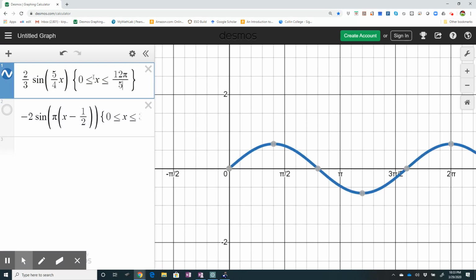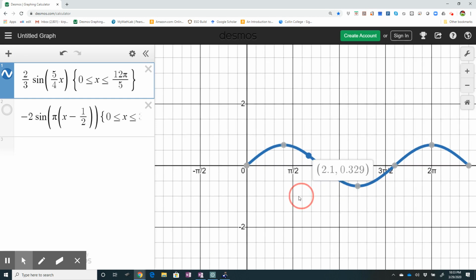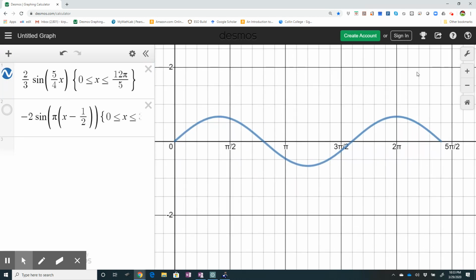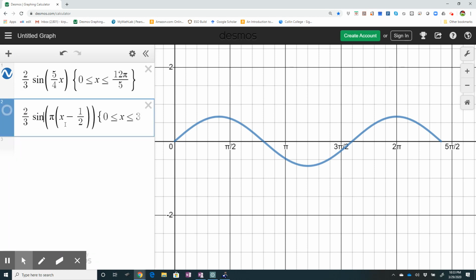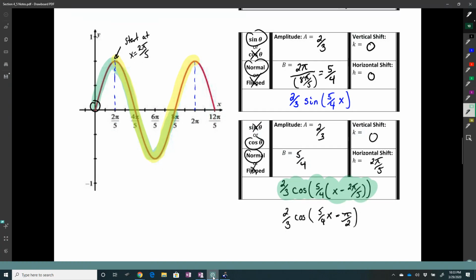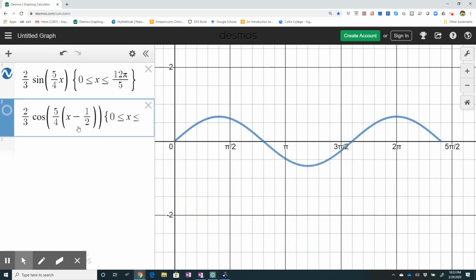And there we go. So there's the graph. Notice that it matches pretty well. And then the other graph is, again, 2/3, but this time it's cosine 5/4 x minus, and I believe that was 2 pi over 5.